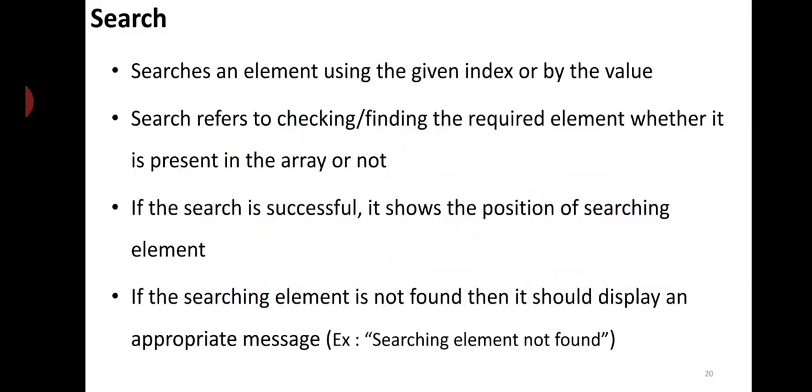Okay. Next is search. When you want to search an element, it shows at which index value the element exists. It searches an element using the given index or by the value. Search refers to checking or finding whether the required element is present in the array or not. If the search is successful, it shows the position of the searched element. If the searching element is not found, then it should display an appropriate message, searching element not found.